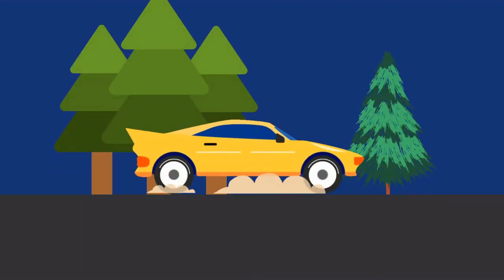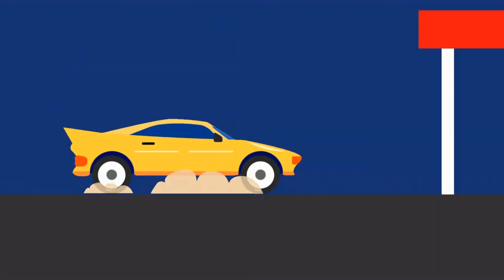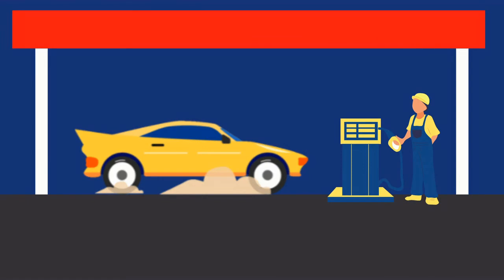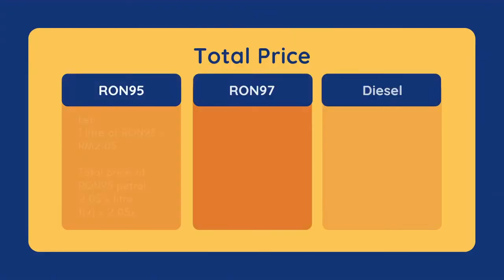So imagine that there is a sports car driving at the highway, and suddenly the sports car stopped at a nearby gas station to refuel. When the driver came out, he saw 3 types of petrol: RON 95, RON 97, and diesel.